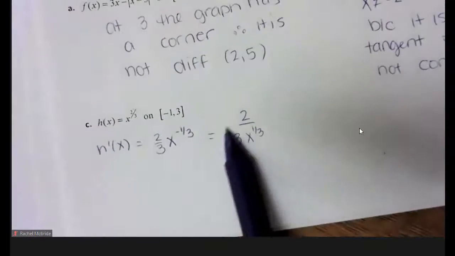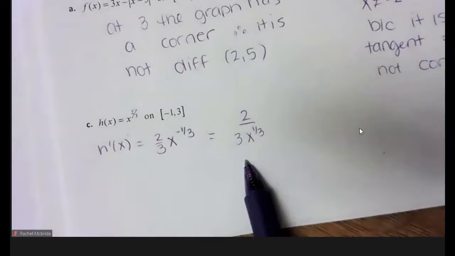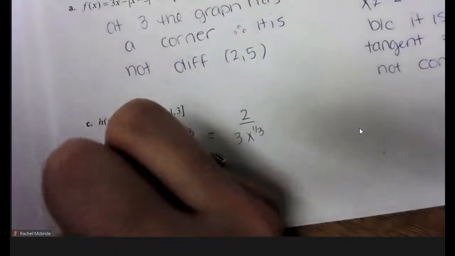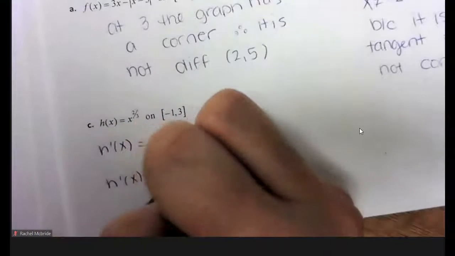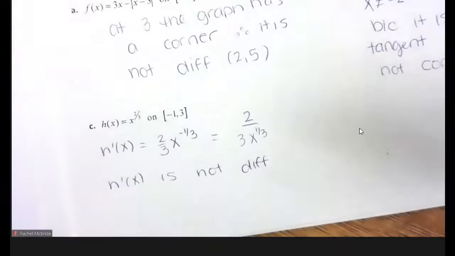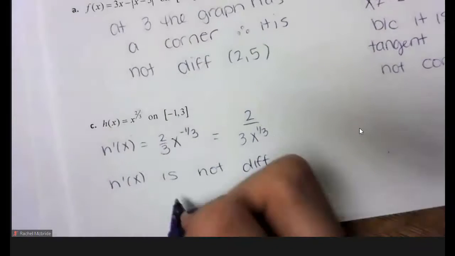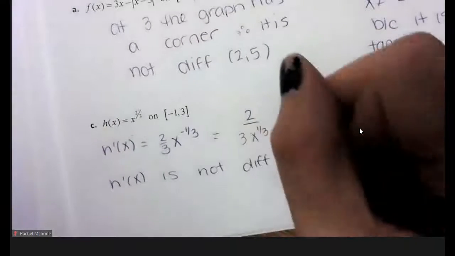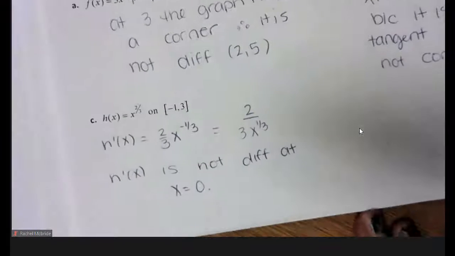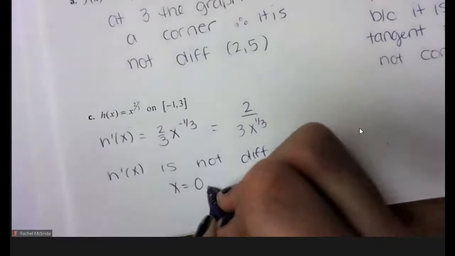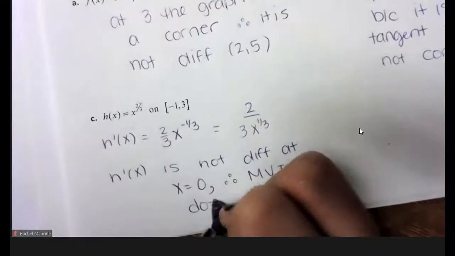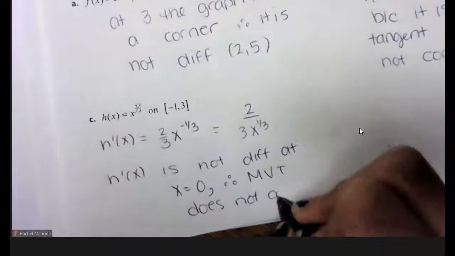So if I have an x variable in my denominator, where can that not exist? It cannot exist at 0. So h prime of x is not differentiable at x equals 0. Therefore, once again, MVT does not apply.